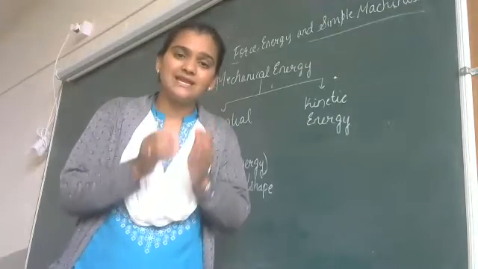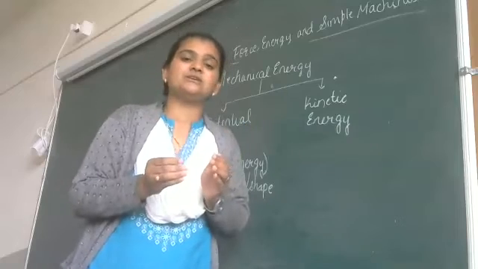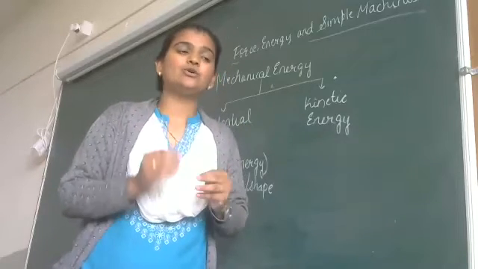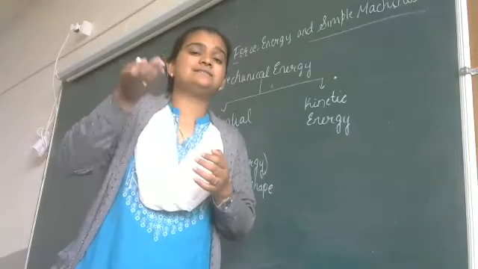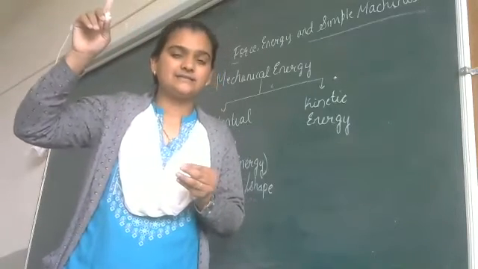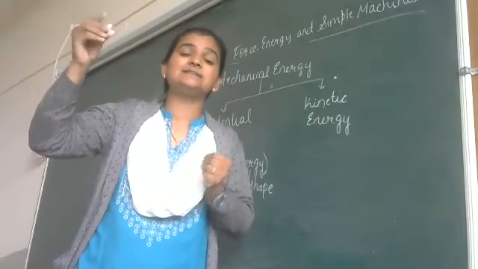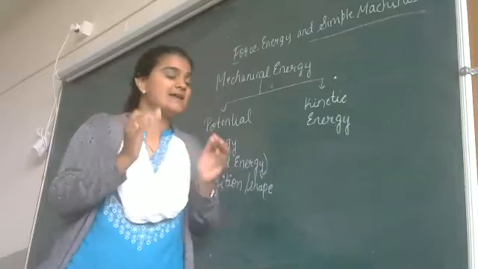The stored energy in an object when it is not moving, due to its position, is having the energy. I had explained to you regarding the water that we are raising in our syntax. When we are raising the water, it gains energy, and it is being stored in the syntax.